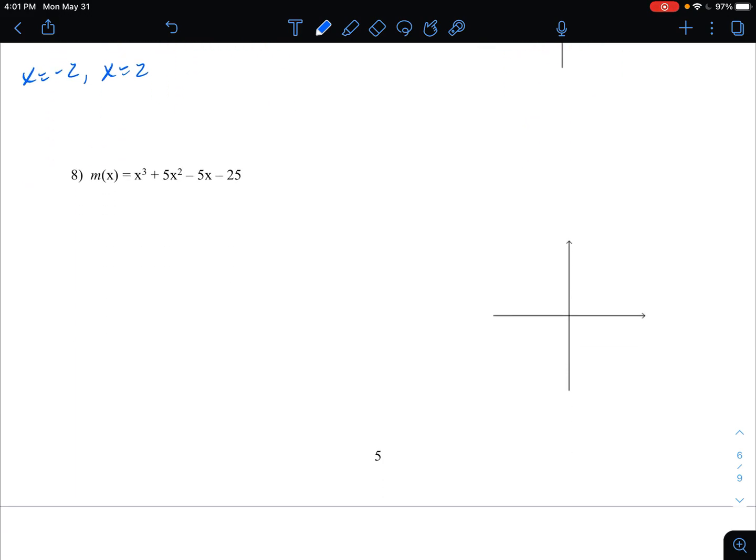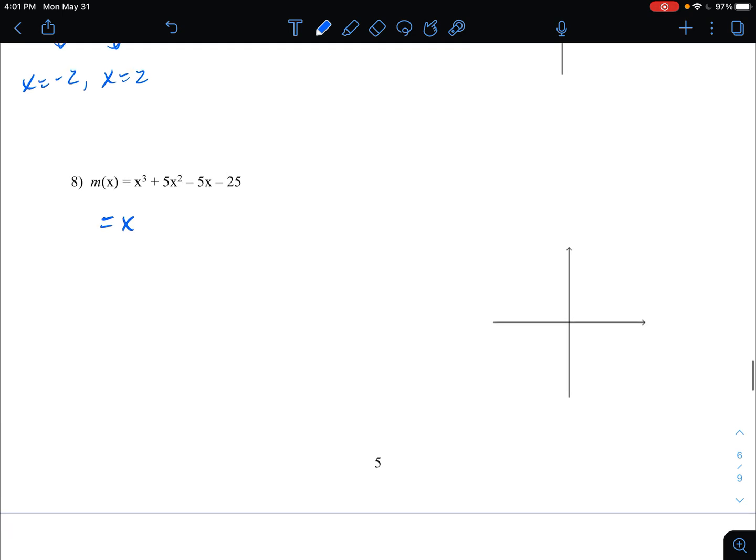This one we can factor by grouping. For 4 terms, you can try that. We'll notice x squared can be factored out of these first 2. Negative 5 can be factored out of those 2. So we have x squared minus 5 times x plus 5.